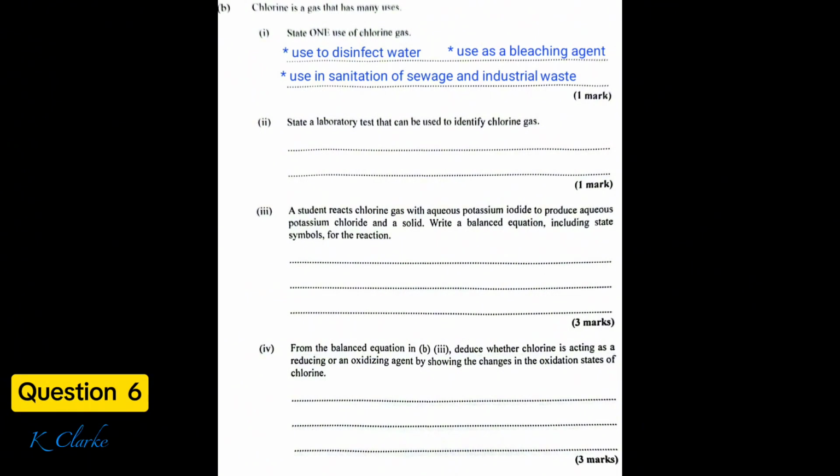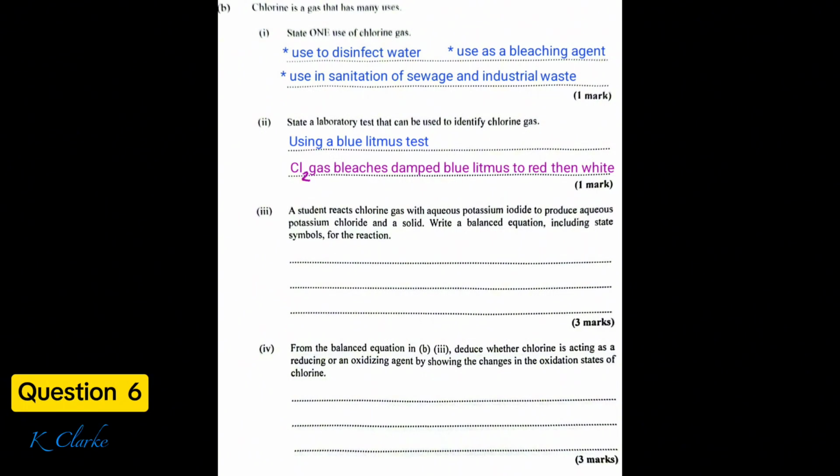Part 2. State a laboratory test that can be used to identify chlorine gas. Now the answer is using a blue litmus test. In this test, chlorine gas bleaches damp blue litmus paper to red and then white.